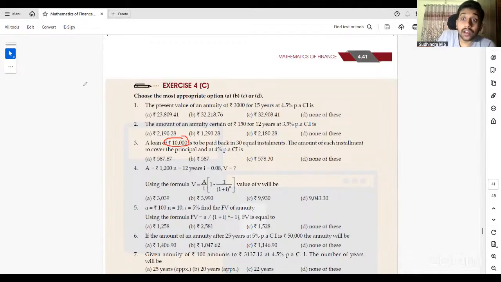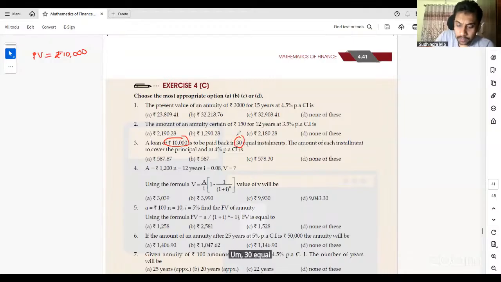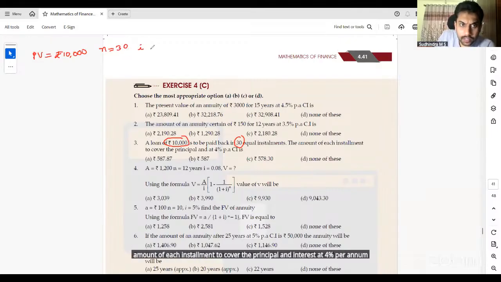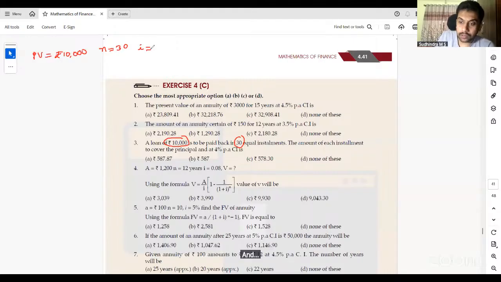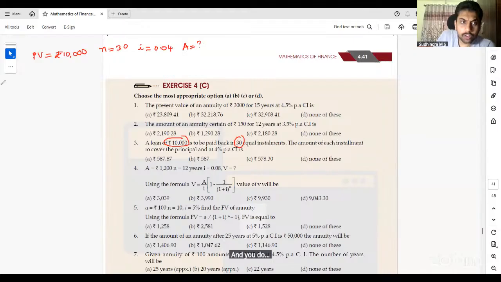Loan amount, the present value. 30 equal installments, so n is 30. Amount of each installment to cover the principal and interest at 4% per annum, so i is 0.04. What are we supposed to calculate then? Annuity amount, A. Very good. So we have to calculate A.